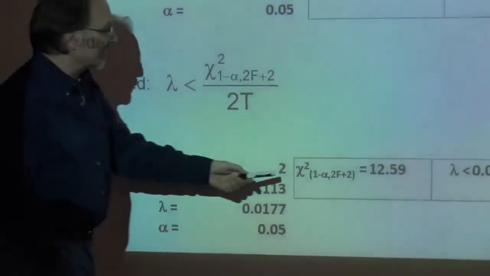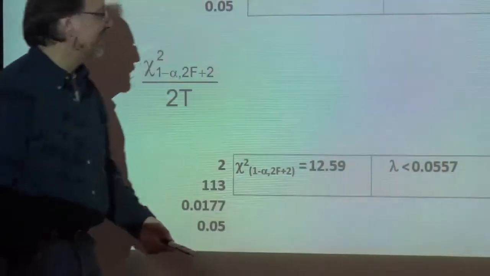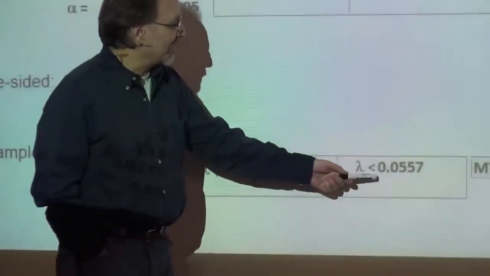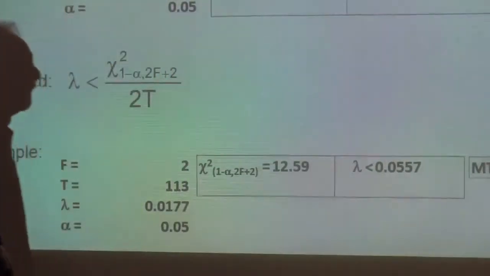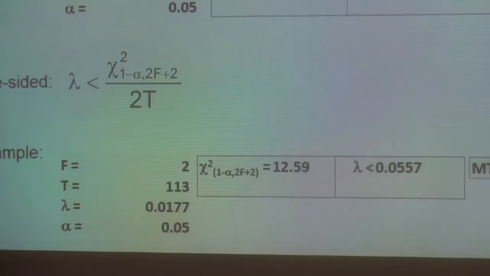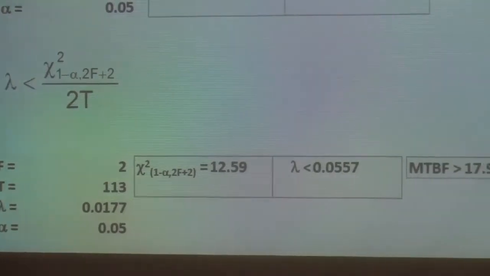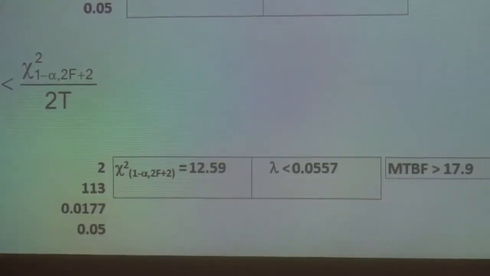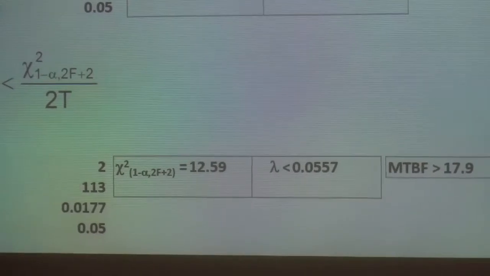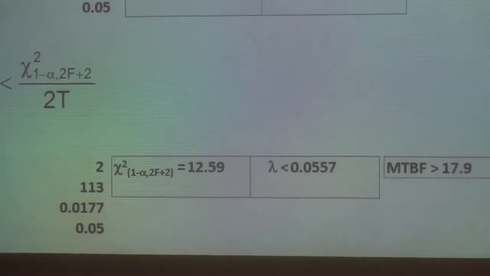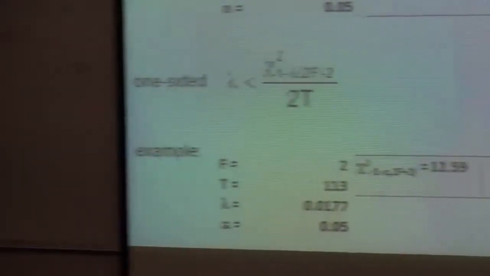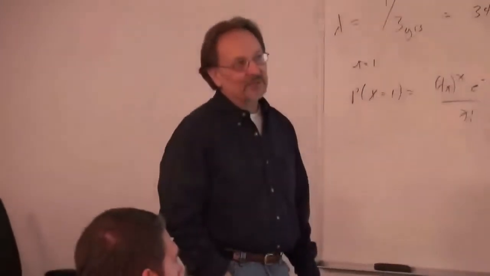So 0.95 with 6 degrees of freedom is 12.59. Our lambda, 95% of the time, is going to be less than 0.0557. And the mean time between failures will be about 18 missions.